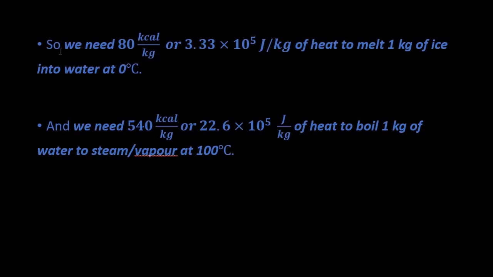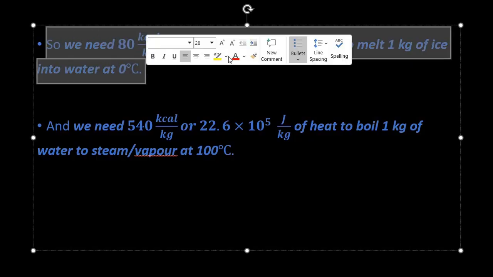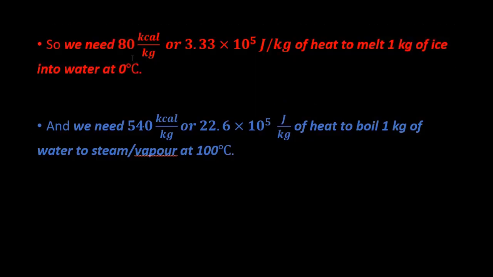Let me specify it in red. We need 80 kilocalorie per kilogram or 3.33 into 10 to the power 5 joule per kg of heat to melt 1 kg of ice into water at 0 degrees Celsius, and we need 540 kilocalorie per kilogram or 22.6 into 10 to the power 5 joule per kg of heat to boil 1 kg of water to water vapor at 100 degrees Celsius.